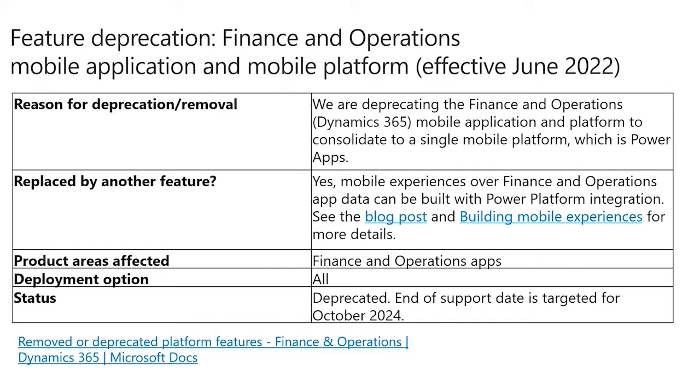If you are a current user of mobile workspaces, such as expense management, or purchase order approval, or checking inventory on hand, there's good news for you. We'll be replacing some of those experiences with new mobile apps.